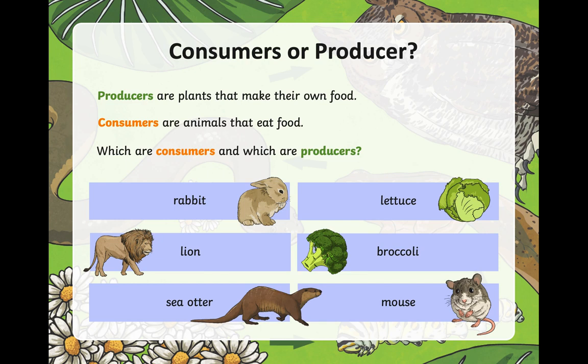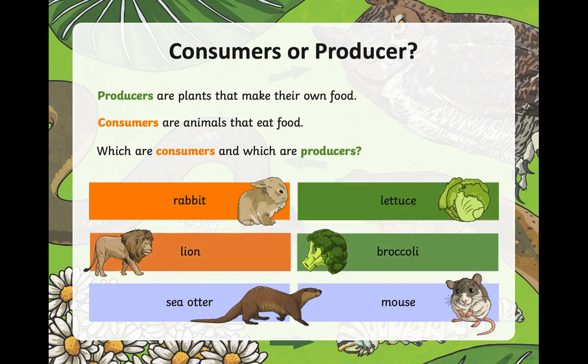So, as I said, the consumers can be any type of animal that eats something else. But producers are always plants. So lettuce and broccoli, they're producers. The rest, they're all consumers.